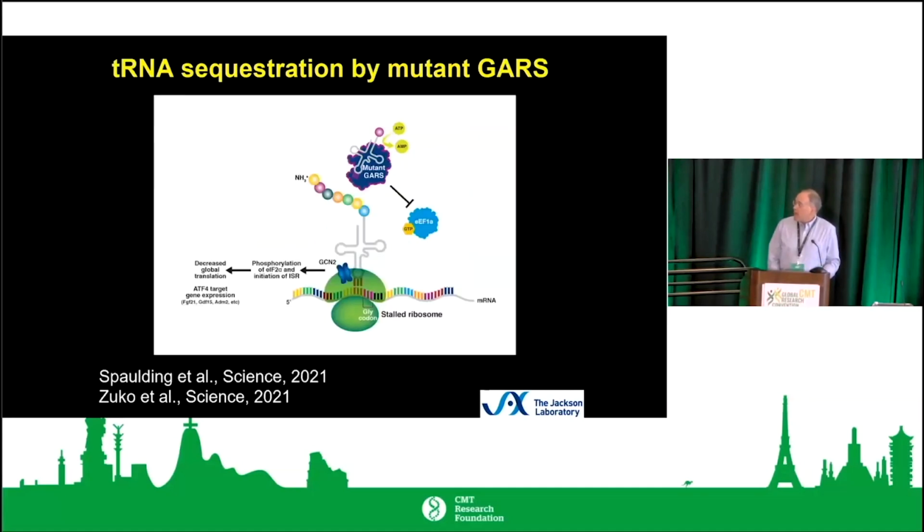What we think is happening with these mutants is that the tRNA binds the mutant synthetase, and then whether the amino acid gets put on or not, it never gets released to the elongation factor and therefore doesn't get to the ribosome. This results in ribosome stalling, and ribosome stalling activates a stress pathway called the integrated stress response that I'll describe in a moment. So we think the real problem here is actually sequestration of the tRNA substrate on the mutant enzyme.